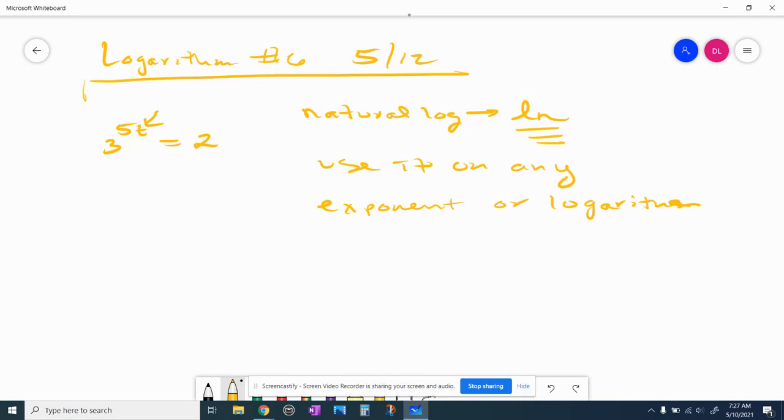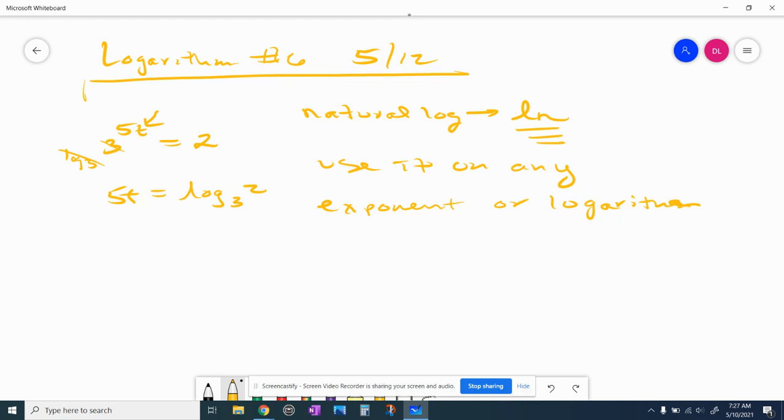And what would you normally do? You would normally go log base 3 of 3, and that would disappear that, and we'd get 5t equals the log base 3 of 2.